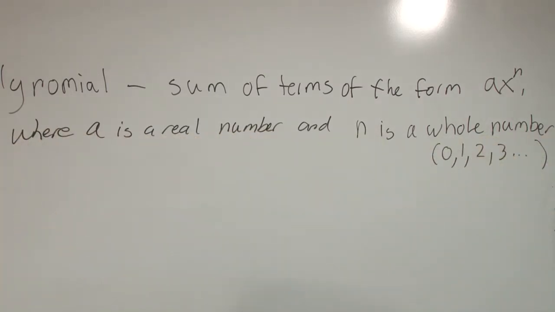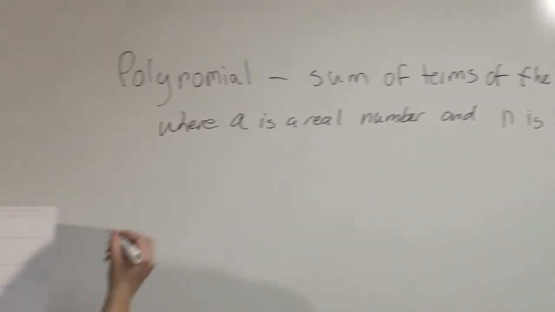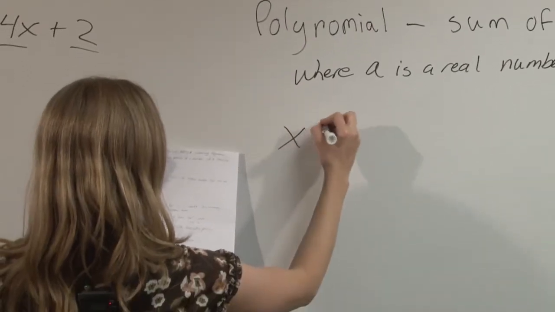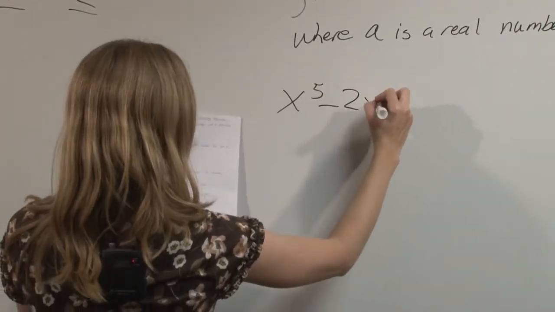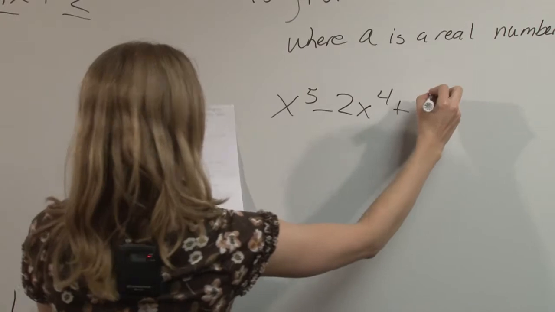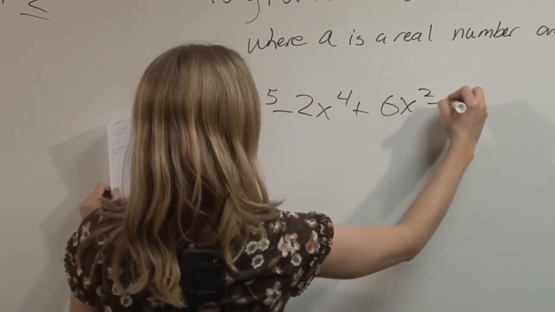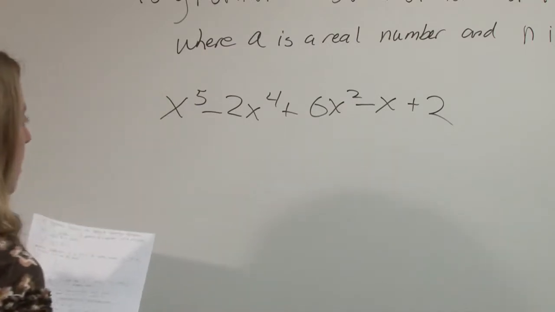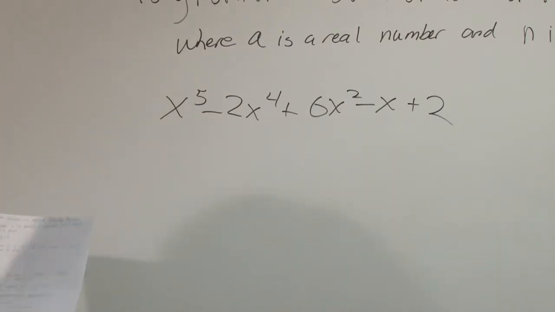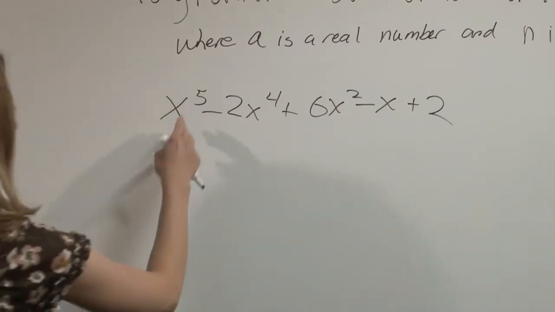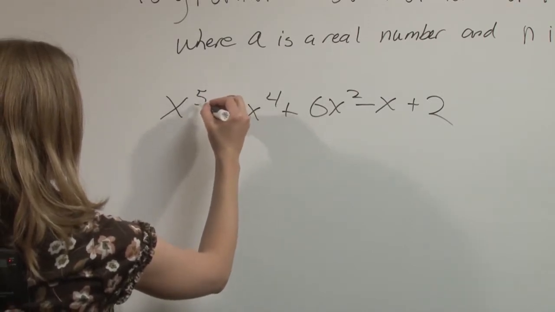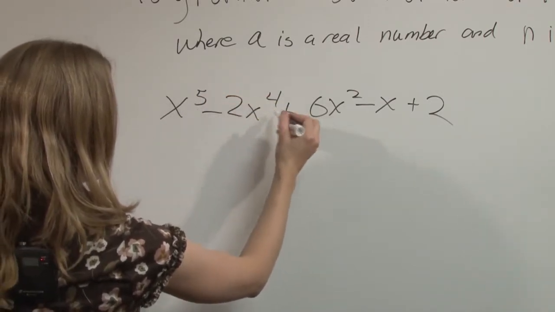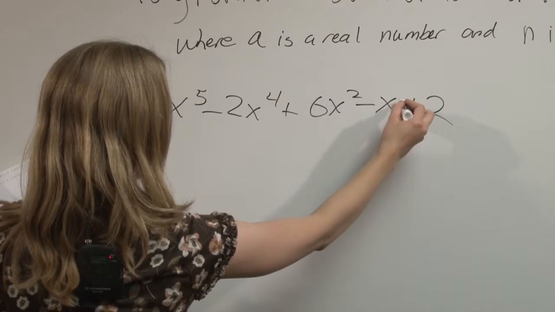So some examples of a polynomial. I could have one like this. This has 5 terms. We typically write a polynomial with the powers descending, so the biggest power comes first, the 5, and then 4, then 2, then this is x to the 1.